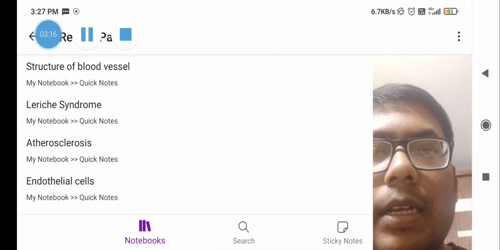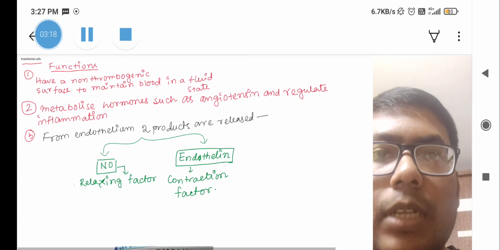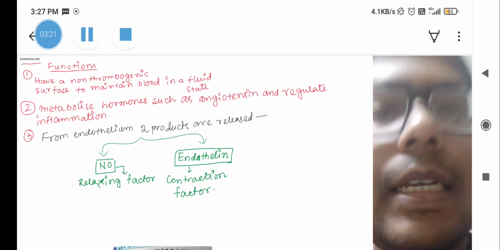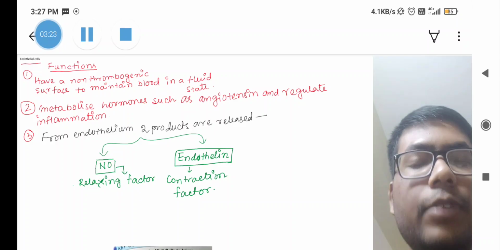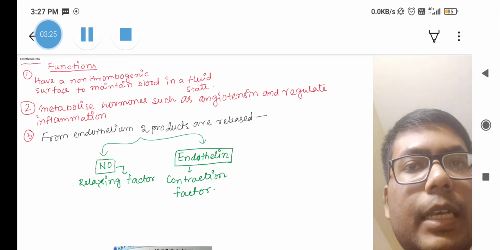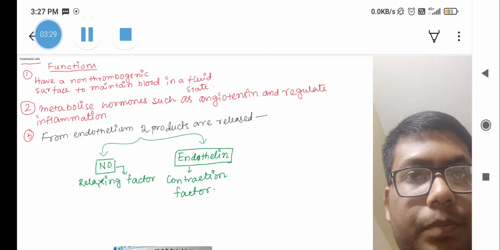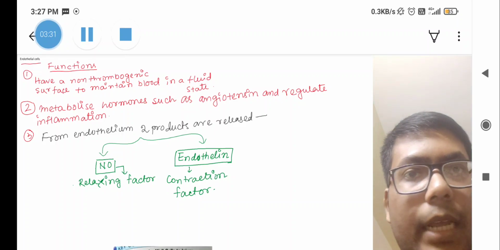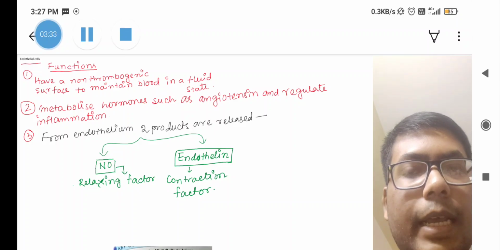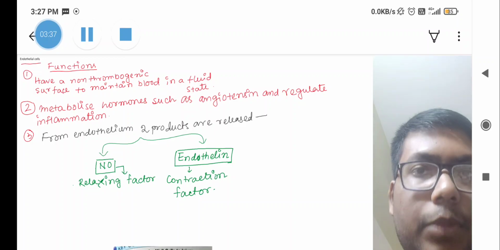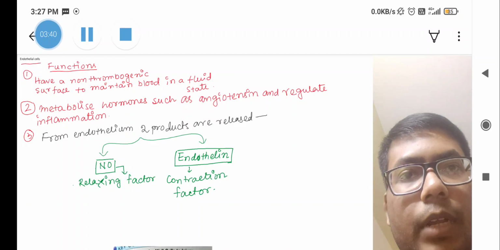Now next is the endothelium. Endothelium is different in different segments of our body. If we see the brain, there is the blood brain barrier, and that is made by the astrocytes, and it is an impervious type of endothelium.